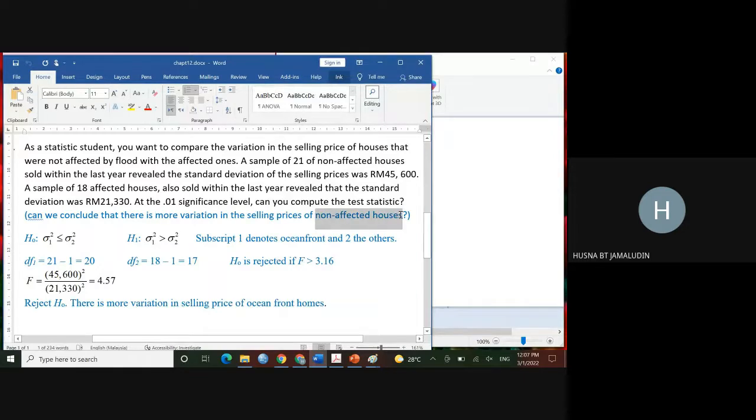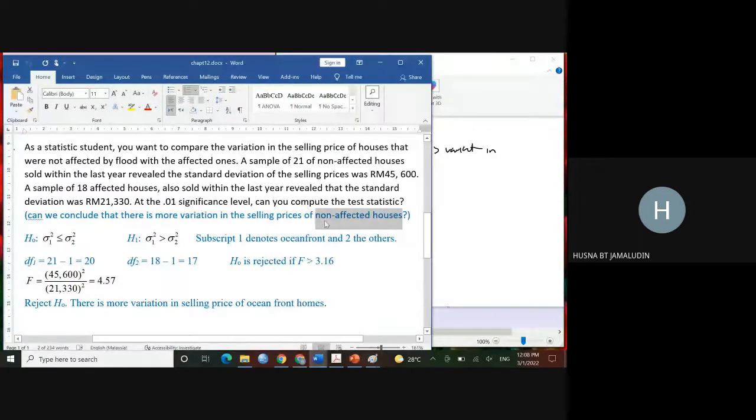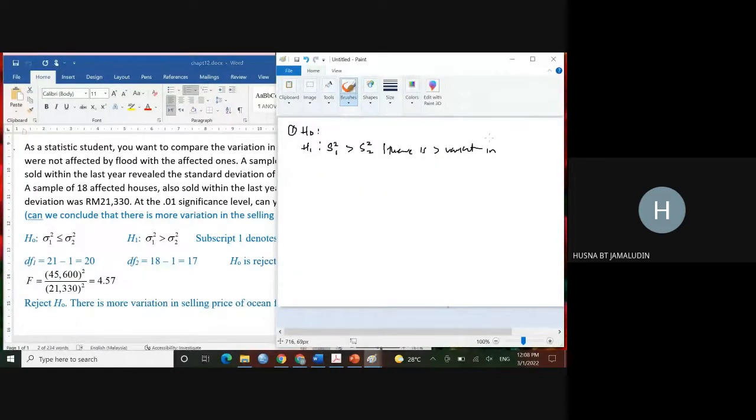So if you don't know, you can write more in full: more variation in the selling price of the non-affected houses compared with the affected ones.